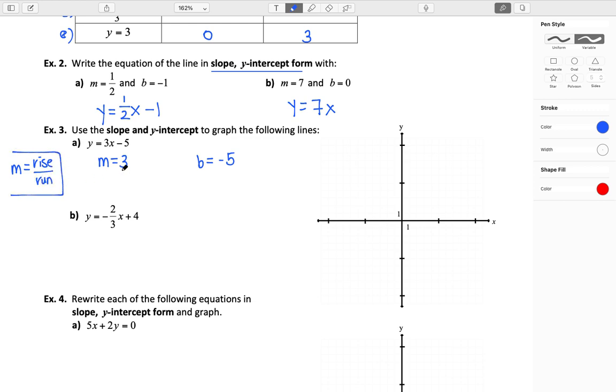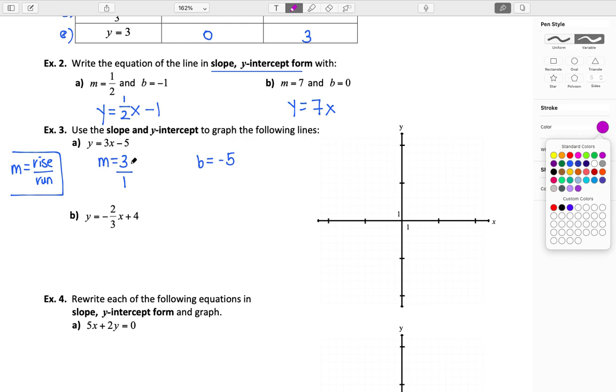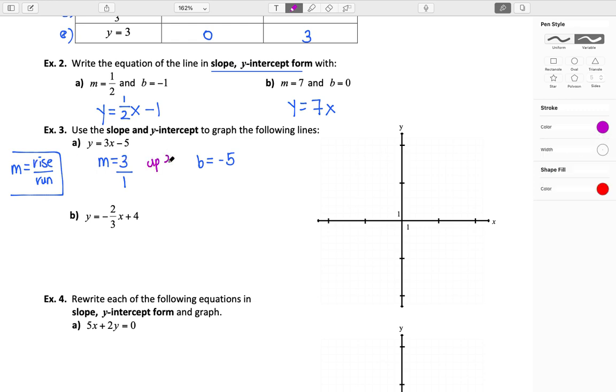So 3 is technically 3 over 1. So because both of them are positive, that means rise is going to be 3. So we're going up 3. Run is a positive number, so we're going right 1.